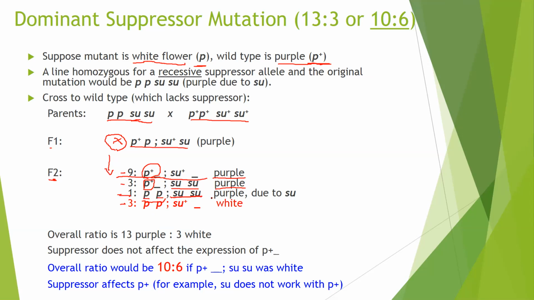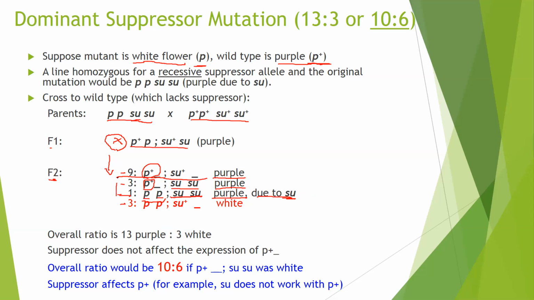So in this case we still see the wild type phenotype, the purple flower petal, due to the mutation in the suppressor gene. We're going to talk about why this is.